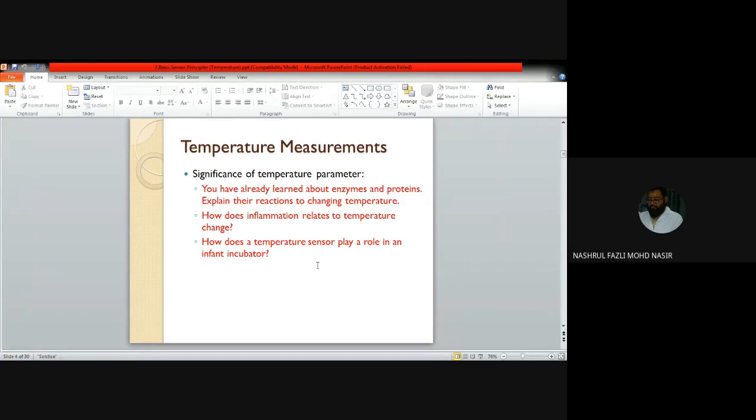You have to know that these enzymes and proteins and other things like hormones can be denatured. When they are denatured, meaning the structure has been changed due to temperature, they won't be functioning.